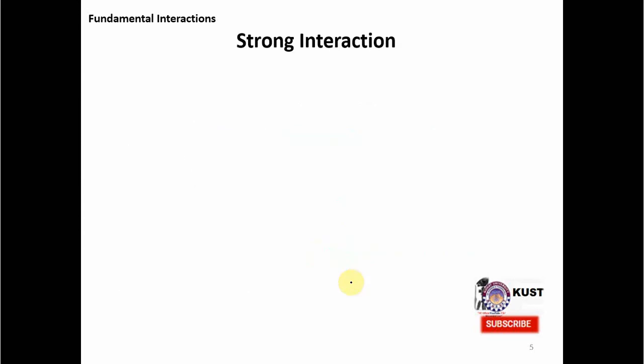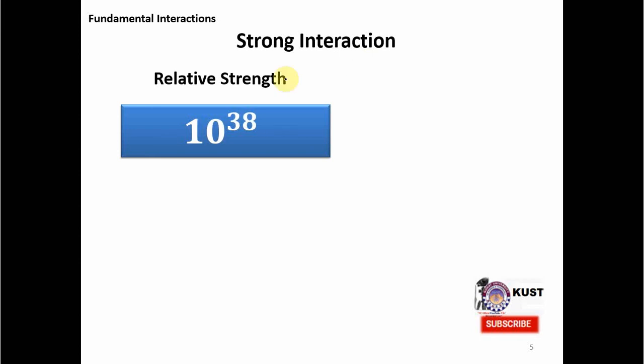Now I will go one by one to each force and explain its different properties in order to give you the exact strength, ranges and all other properties and the theories which describe them. So I will start with the strong nuclear force, that is strong interaction. In strong interaction, the relative strength of the strong force is 10 to the power 38.